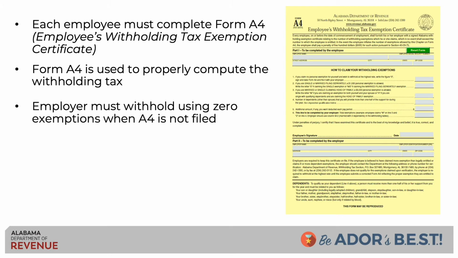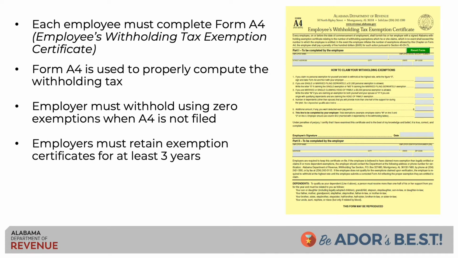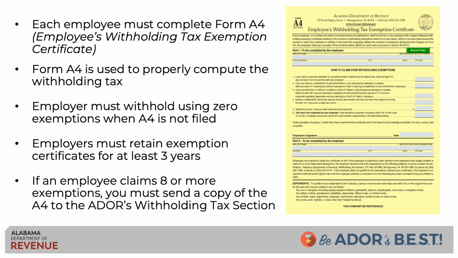Employer must withhold using zero exemptions when A4 is not filed. Employers must retain exemption certificates for at least 3 years. If an employee claims 8 or more exemptions, you must send a copy of the A4 to the ADOR's withholding tax section.